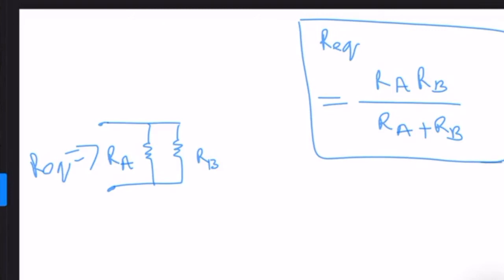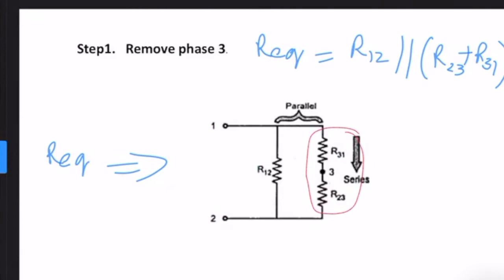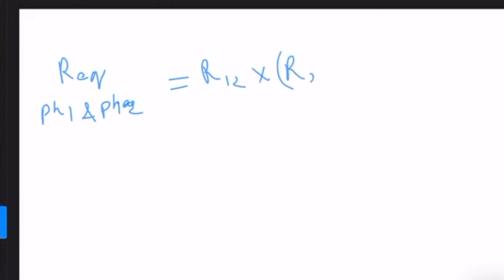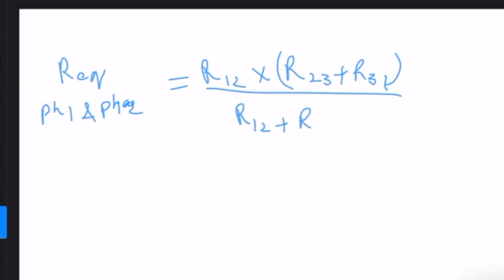So for our circuit, you can see here, we have two branches again, and we'll apply the same formula over here. So R equivalent between phase 1 and phase 2 is going to be R12 into R23 plus R31 divided by R12 plus R23 plus R31.